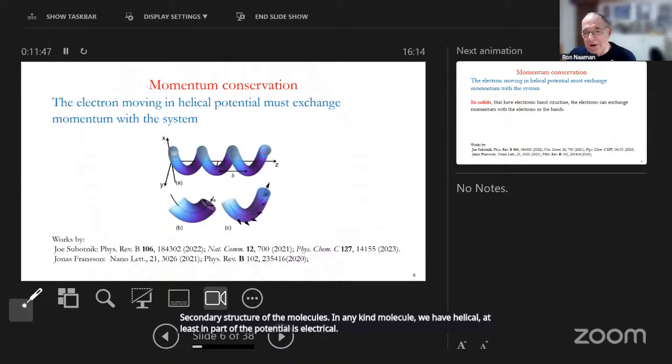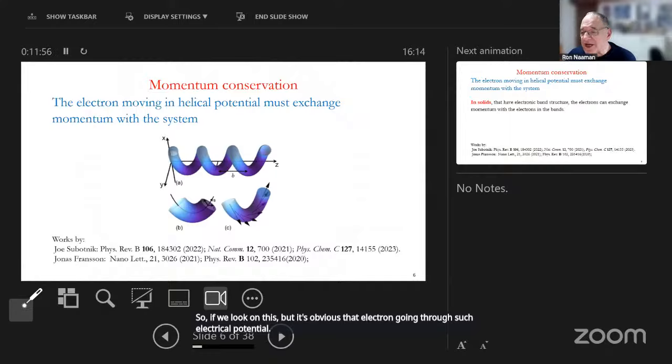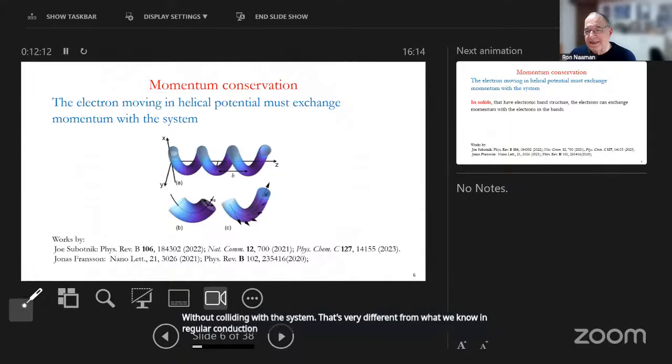If we look at this, it's obvious that an electron going through such a helical potential must exchange momentum with the system. It cannot go through without colliding with the system. That's very different from what we know in regular conduction in condensed matter physics or in molecules.